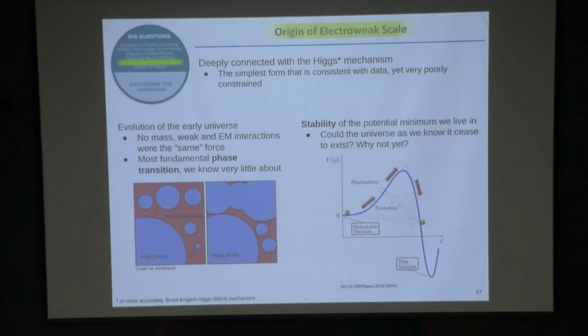If you go back in the evolution of the universe, at some point the temperature and energy scale was high enough that the weak and electromagnetic forces were the same thing. Everything was essentially massless. And then this split happened at some critical temperature.